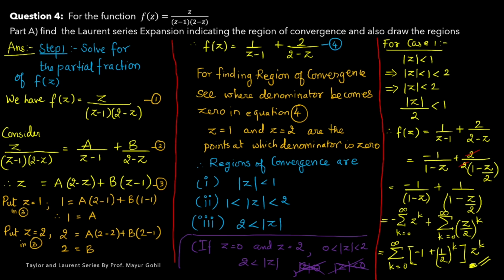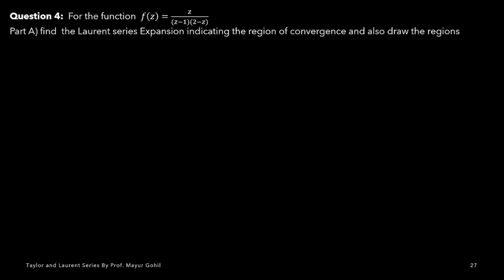So we remembered this partial fraction clearly, that it is 1 upon z minus 1 plus 2 upon 2 minus z, okay? Because we will need it all throughout. Now case number 2: 1 is less than mod z less than 2. So this means that 1 is less than mod z and mod z is less than 2.